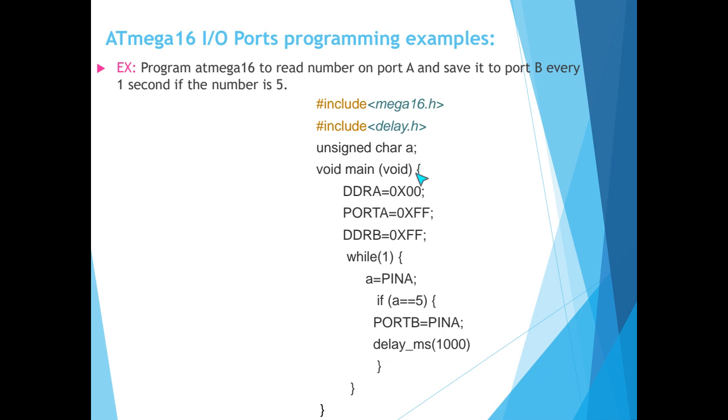How many curly braces is opened? 1, 2, 3, and 3 curly braces are closed. If you don't use one of them, your program will not be executed and you will have an error in your programming. Any question?